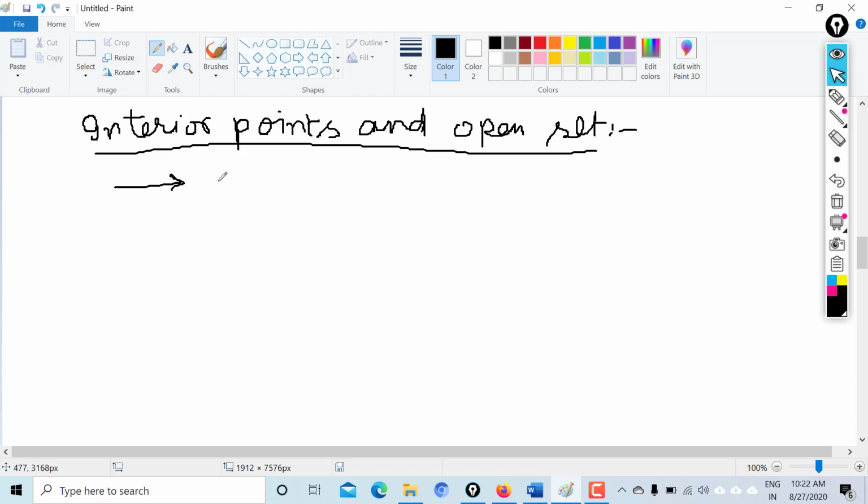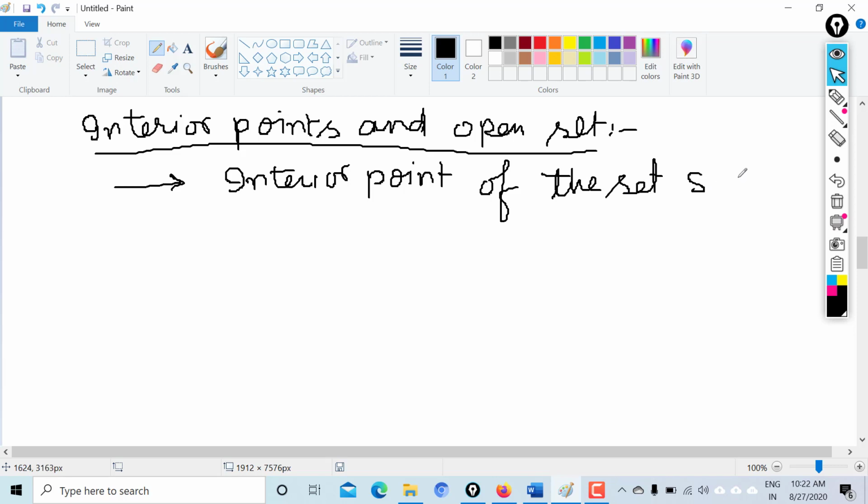So the definition is: a point X is said to be an interior point of the set S, where S is a subset of R, if there exists an epsilon greater than 0 such that the neighborhood epsilon of X is also a subset of S. So all those points inside the epsilon range will be termed interior points.